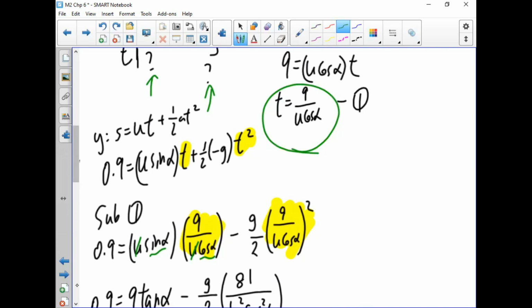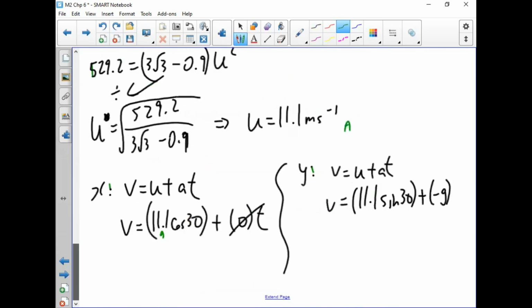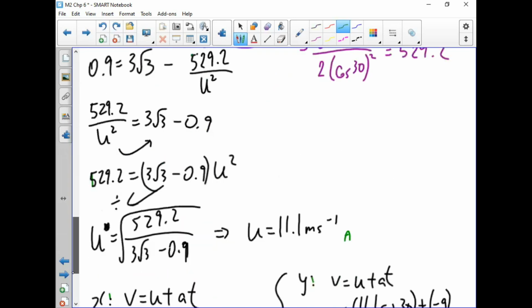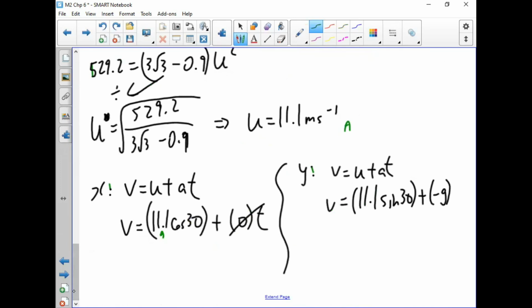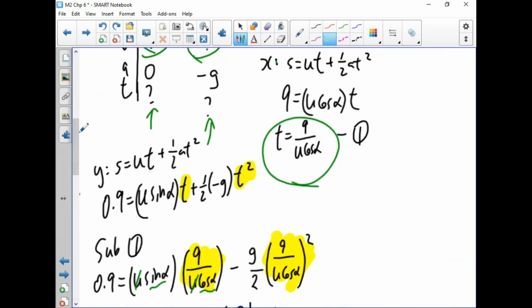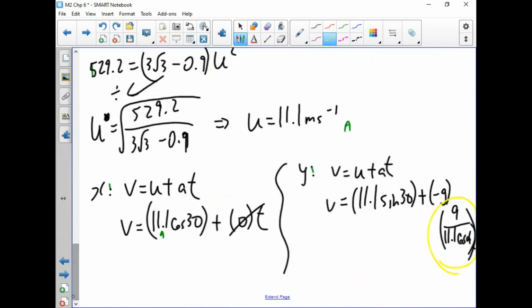So that's equation 1. If you don't know where this comes from, I suggest you use a pencil or color coding to make sure you understand where this comes from. This comes from the top in here.